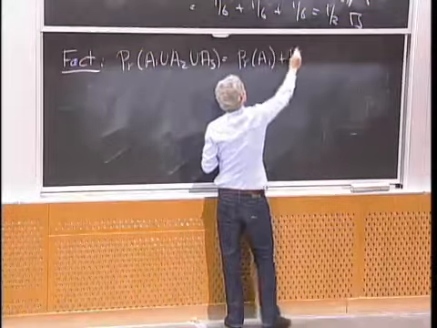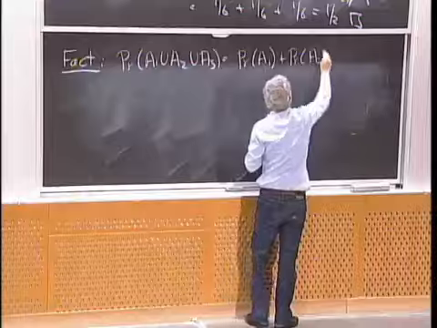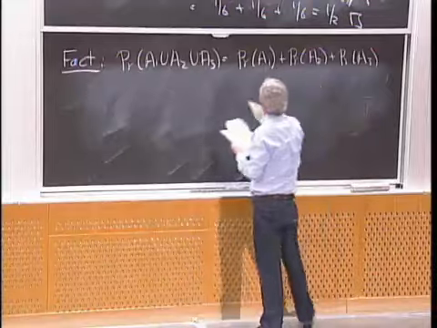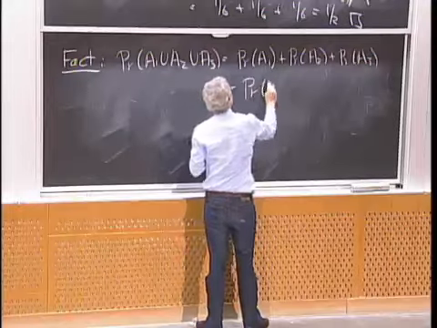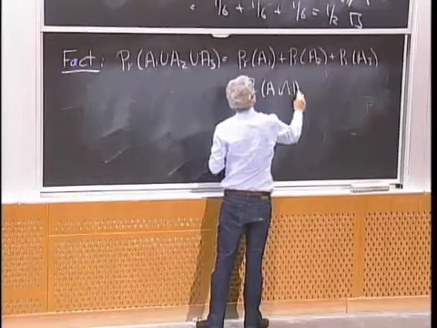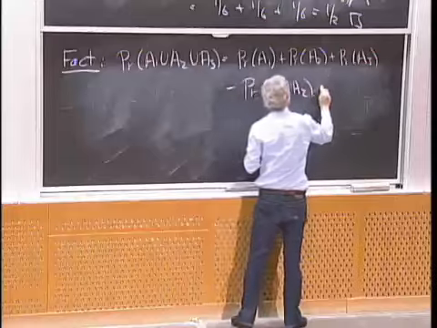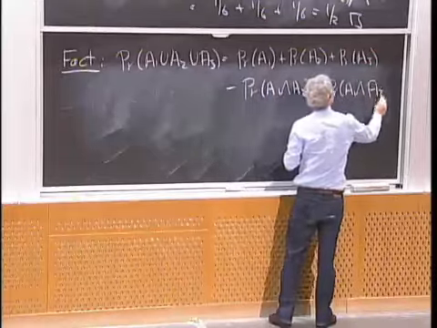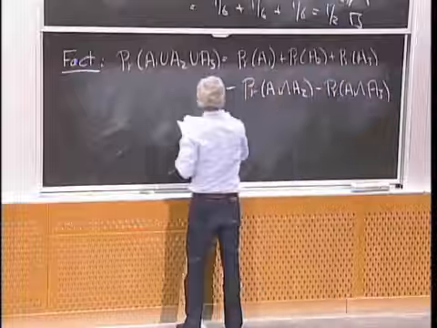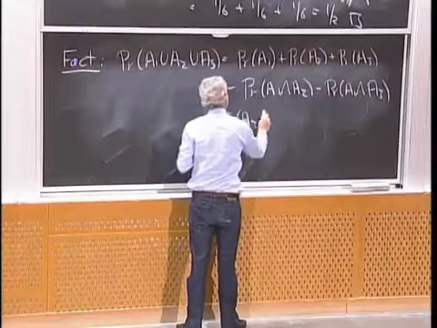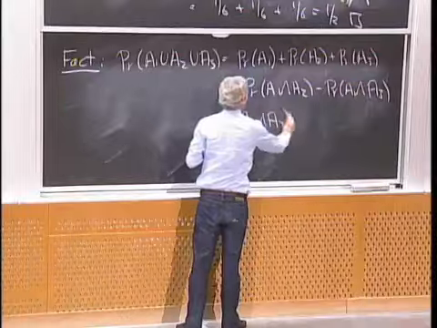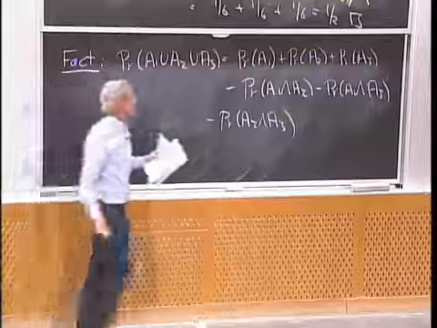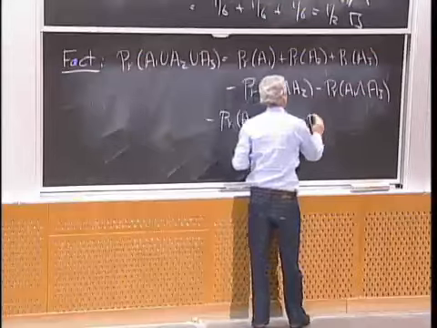It's the probability of A1 plus the probability of A2 plus the probability of A3 minus the pairwise intersections, A1 intersect A2, A1 intersect A3, minus probability of A2 intersect A3. And is there anything else? Plus the probability of all of them matching.